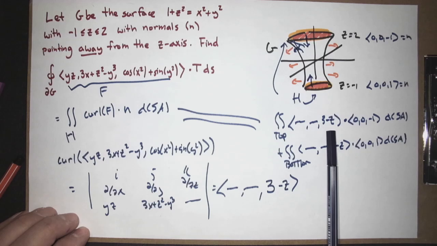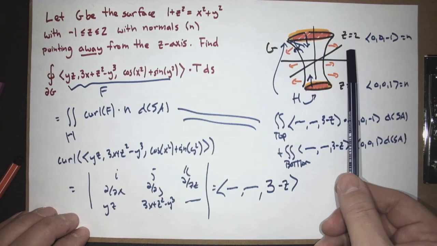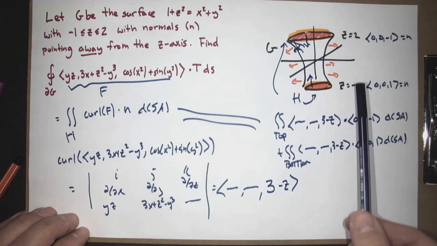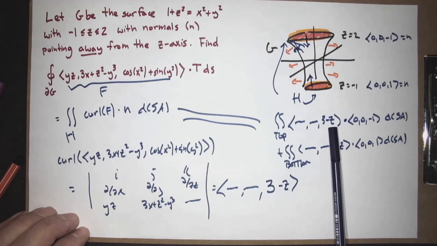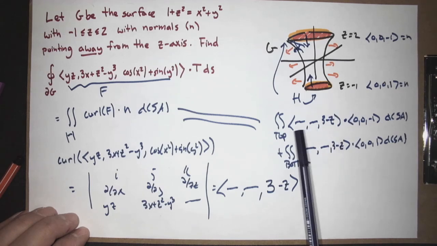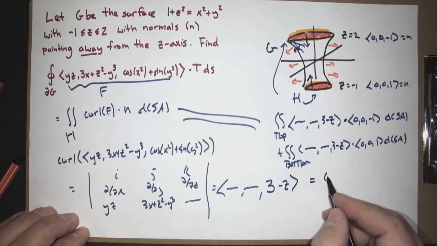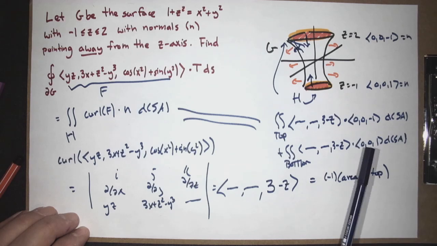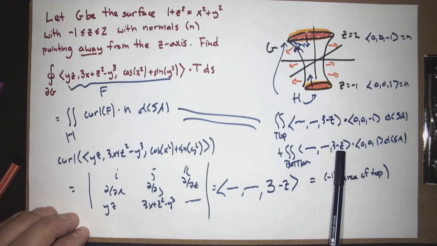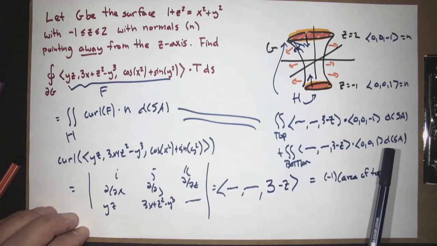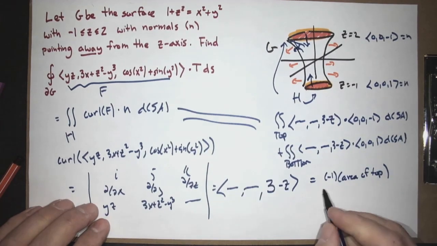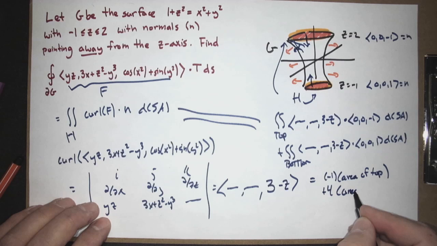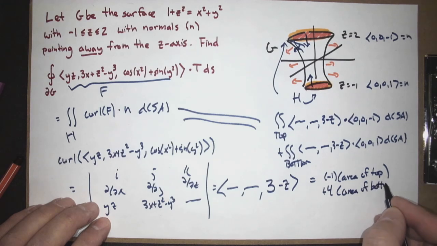What can we say is true about z on the top circle? z equals 2. So 3 minus 2, 1. This dotted all together gives us -1 times the area of the top. Now, on the bottom, z equals minus 1. 3 minus minus 1? 4. So this could be 0, 0, 4. So plus 4 times the area of the bottom.